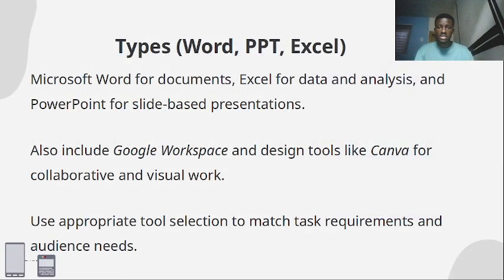The types of productivity tools are Microsoft Word, if you haven't heard, but by now at least you are aware of these services. You have Microsoft Word, Microsoft PowerPoint, and Microsoft Excel. We use Microsoft Word for documents, to create reports, letters, even certificates, and also for assignments.